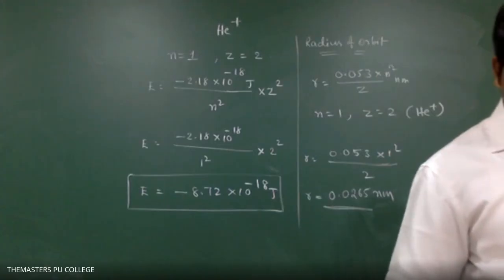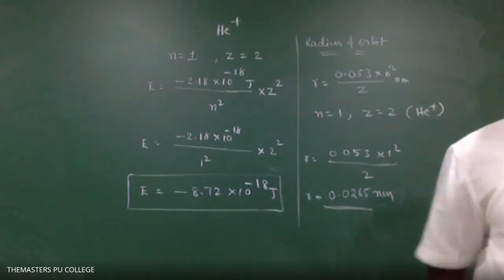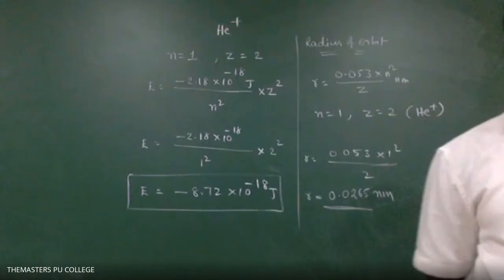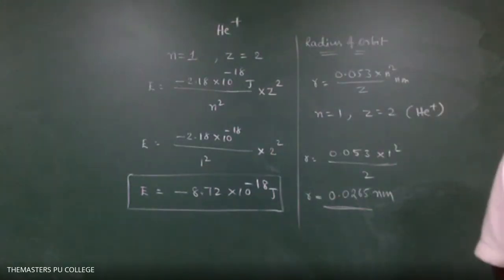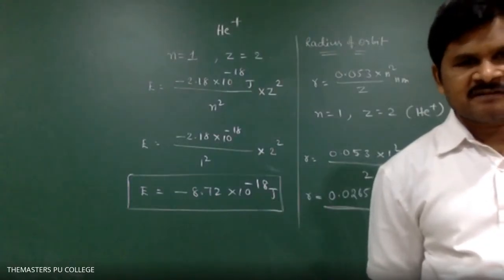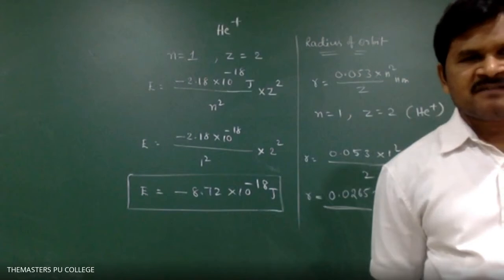Sir, 1.59 angstroms. What is the formula you have taken? Can you elaborate? Sir, 0.53 into n square by atomic number Z. Okay, very good. Here 0.53 as it is.